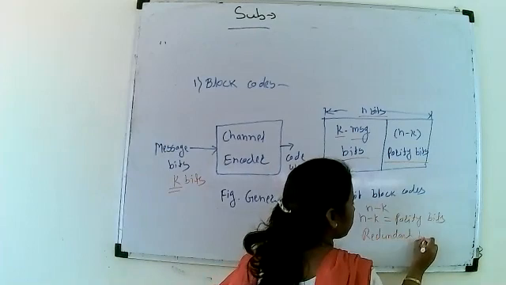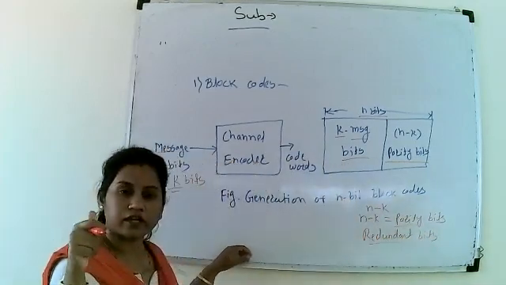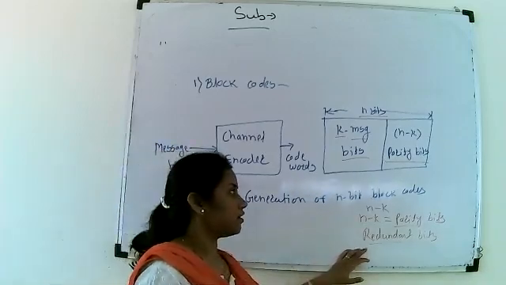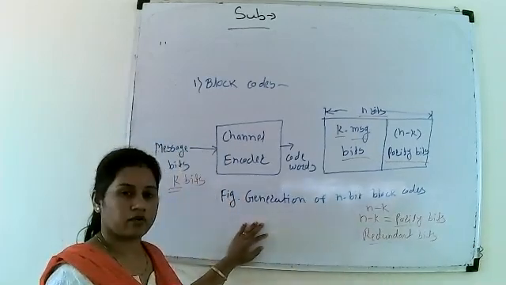Redundant bits, because in these redundant or parity bits there is no information. That's why they are called redundant bits. This is the generation of n bit block codes.